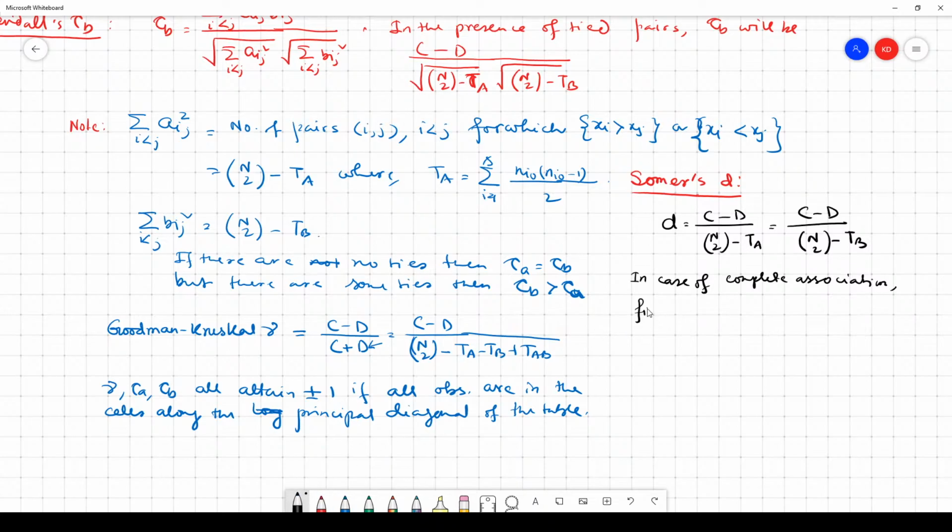Fii equal to Fi0 equal to F0i for all i from 1 to the minimum of S, T, and all other frequencies are 0.